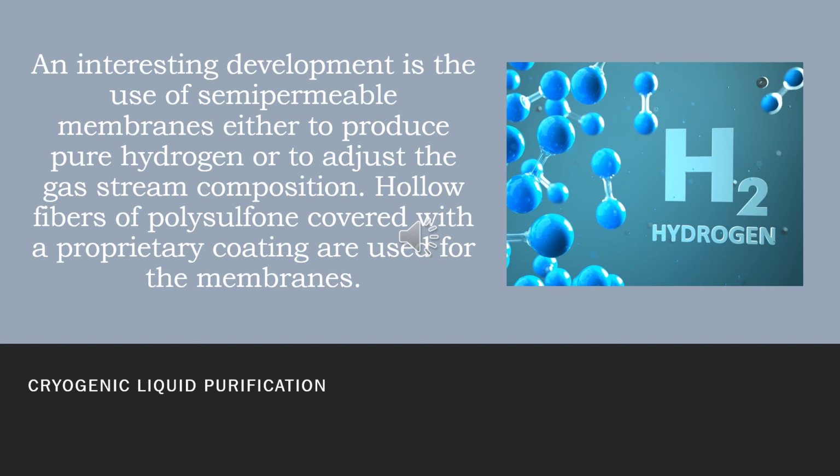The fibers are 800 micrometers in diameter or less and the whole vessel is 10 or 20 centimeters in diameter by 3 meters long. The separation of the components of the entering gas is determined by the rate at which the substance permeates the membrane.